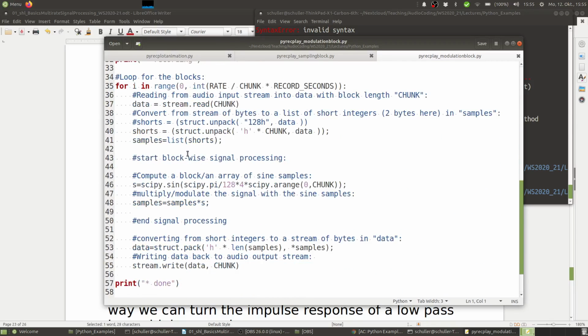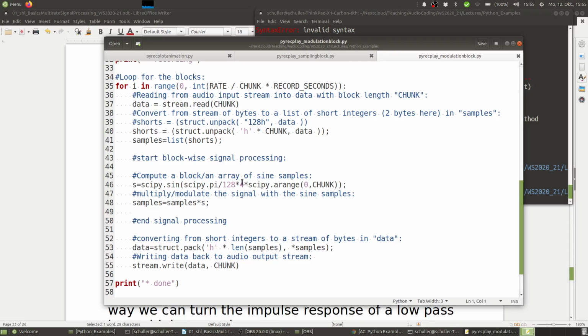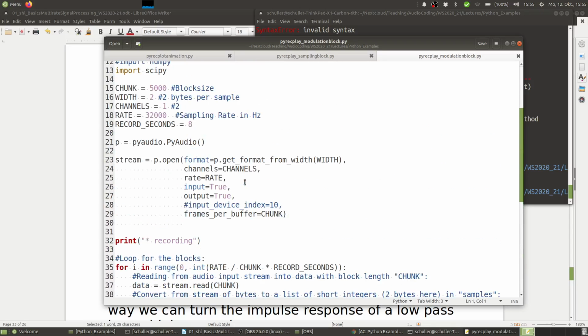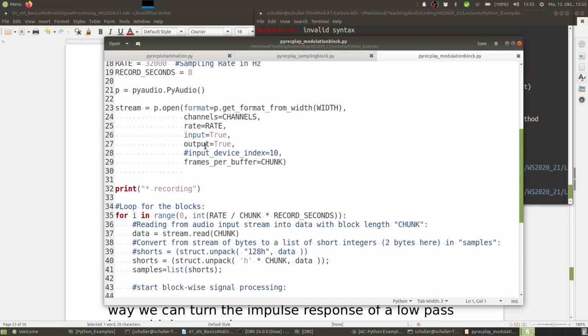Here we do the for loop. And now instead of having a unit pulse function, now I have S as a sinusoidal function with a corresponding frequency. Well, not really corresponding, but at some frequency. So here I have some frequency offset, which is defined somewhere.